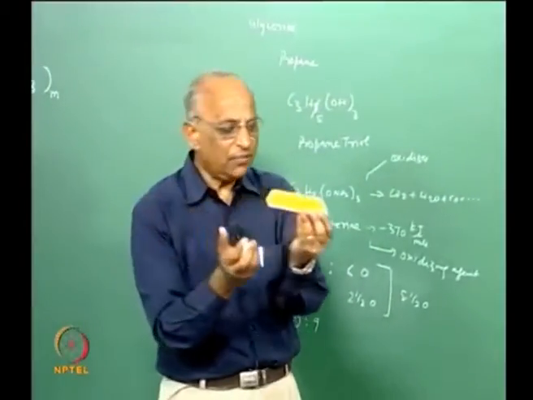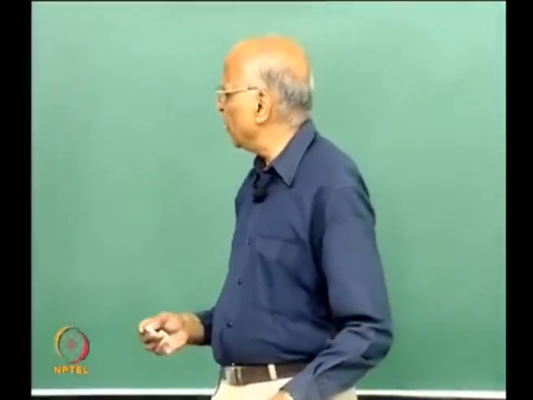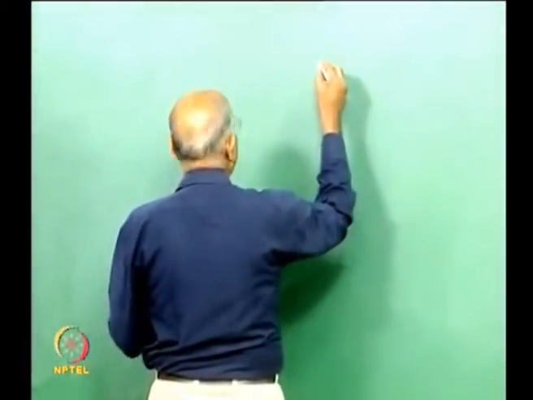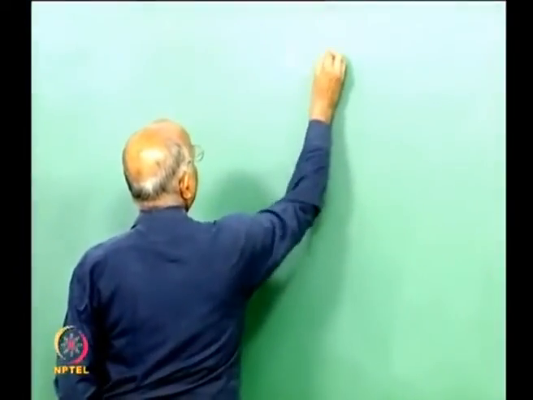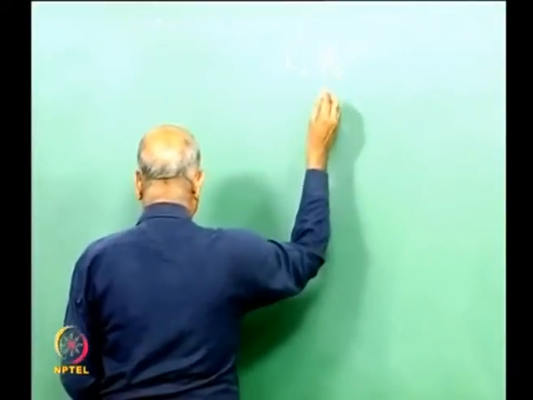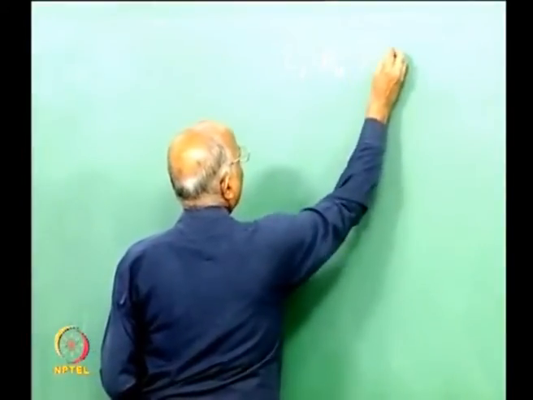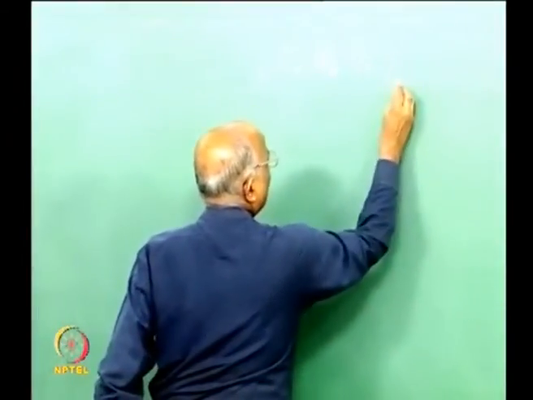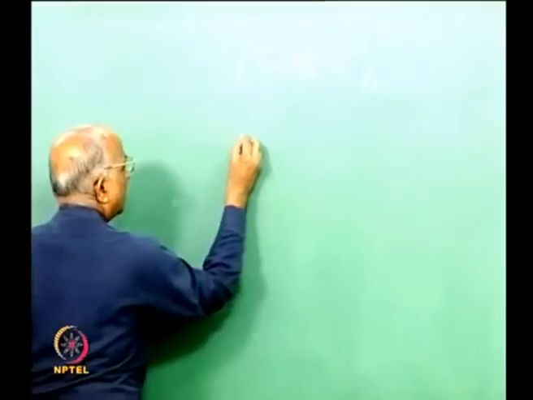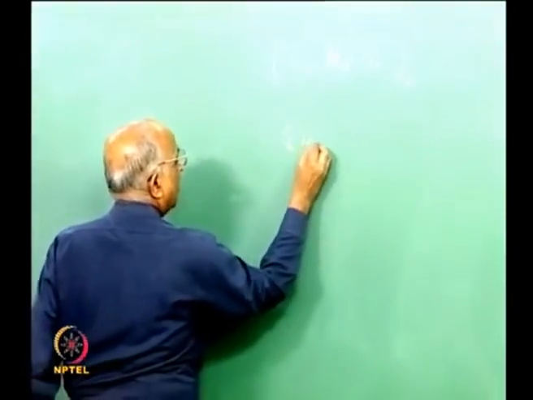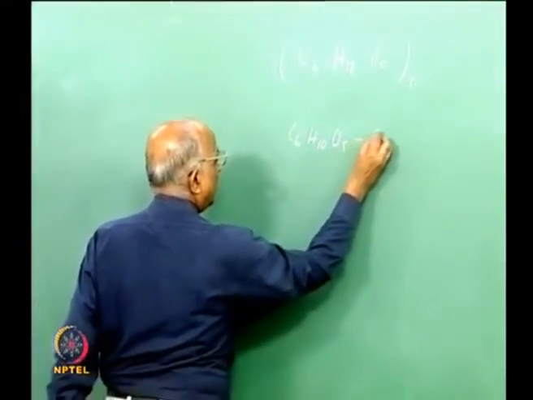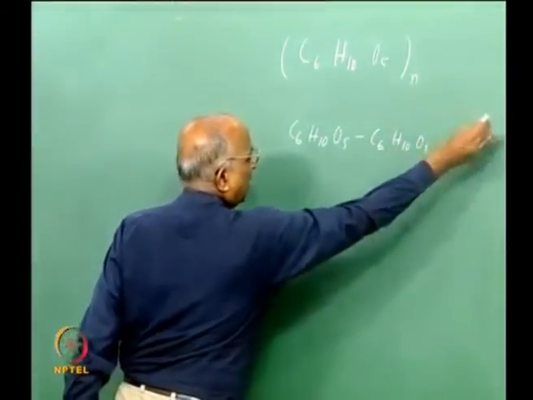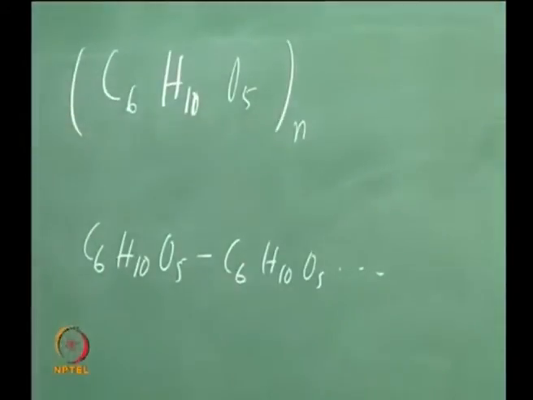If I take the formula for cellulose, cellulose has a molecular formula C6H10O5, and it consists of this in several places, like n times it gets repeated, like we will have C6H10O5, again C6H10O5, and so on n number of times, and this is how cellulose or paper is made.